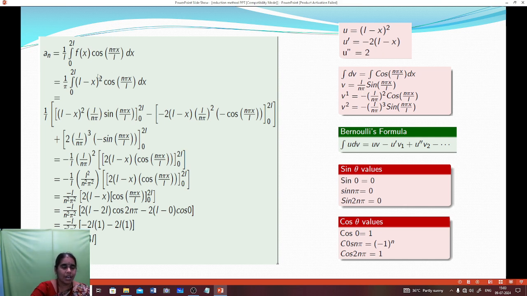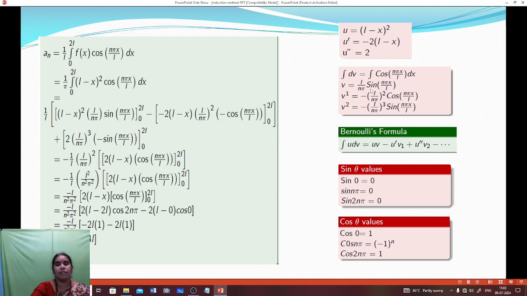Same way, we are choosing our dv. What's our dv? dv is nothing but cos(n pi x by L) here. So find the value of our v, find v1, v2. On integrating cos x, we just get an answer as sin x. On integrating cos mx, we get an answer of sin mx by m. What's our m? The coefficient of x is taken as m.